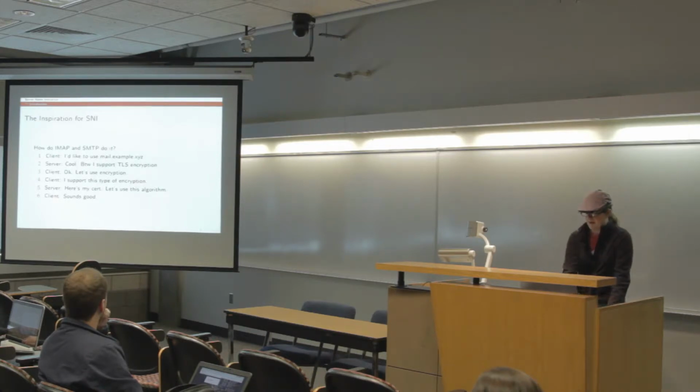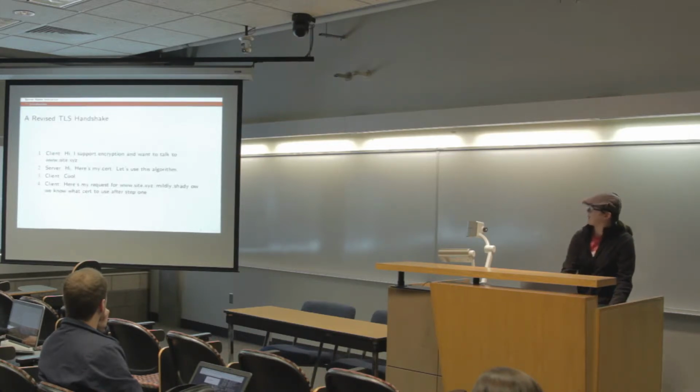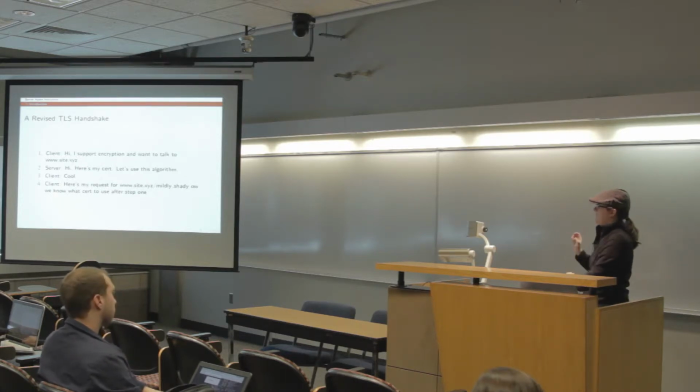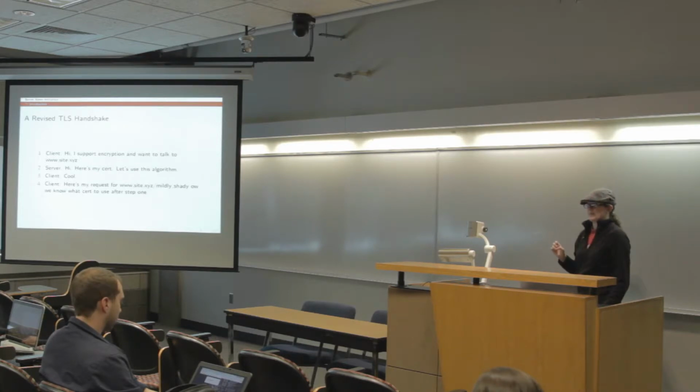So our revised TLS handshake with that in mind becomes, hi, I support encryption, and I want to talk to this specific subdomain. And the server says, okay, here's my cert for that domain. Let's use this algorithm.